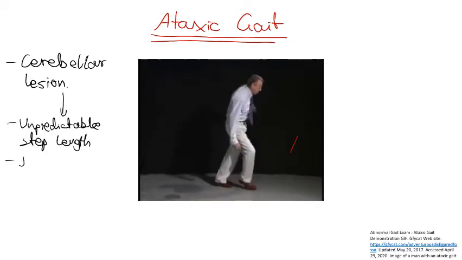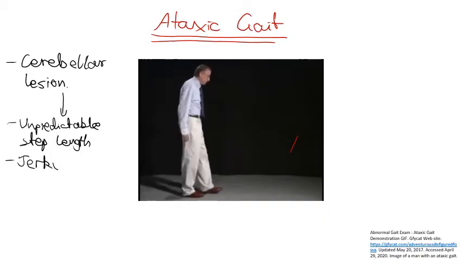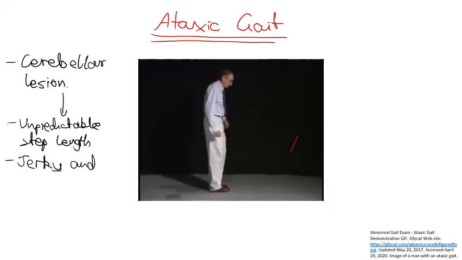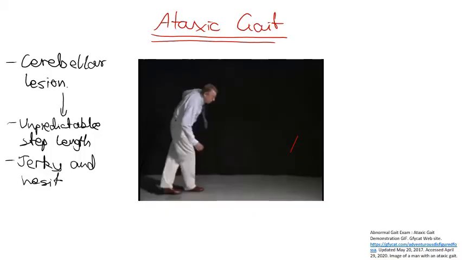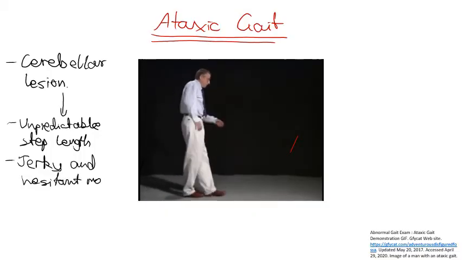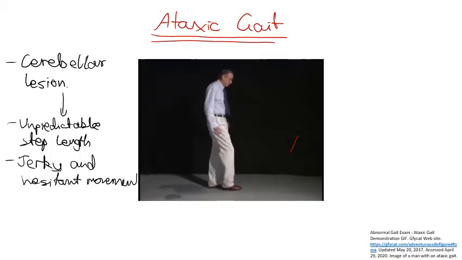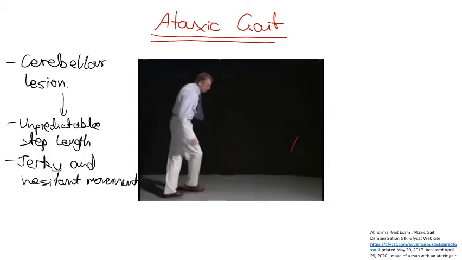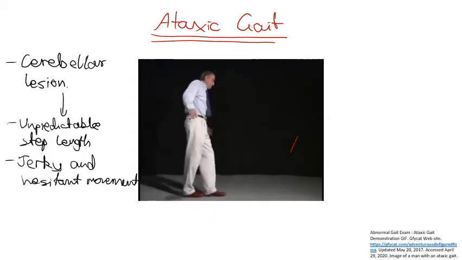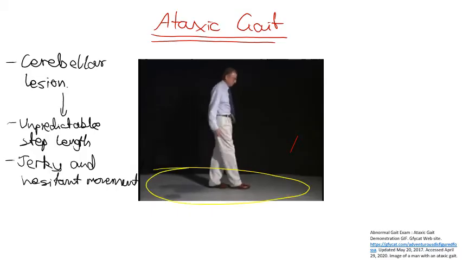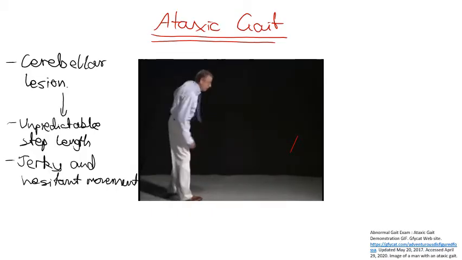The person can also present, as seen in this GIF, with jerky and sort of hesitant movements. And in addition to this, as you can see looking at the person's feet, they're not very regular in their placement of the feet on the ground.